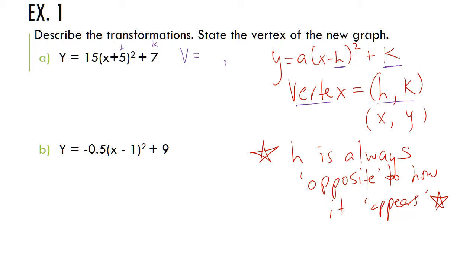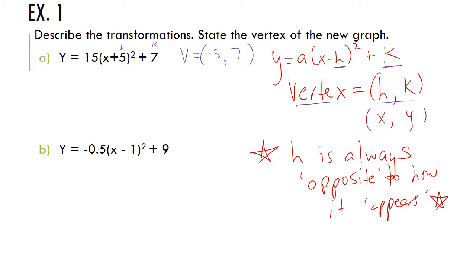So we know for sure that it's going to be 7, that's my K value. And I've got to look down to this important point. H is always opposite to how it appears. And right now in the equation it looks like plus 5. What's the opposite of plus 5? Well, that's negative 5. So my vertex is negative 5, 7.